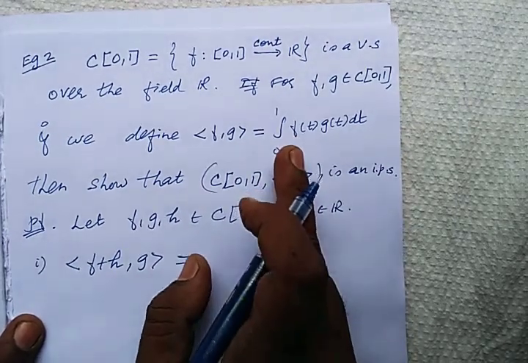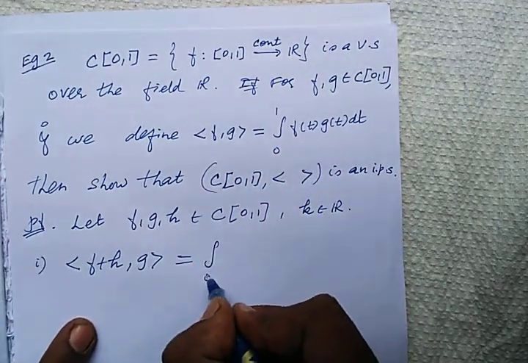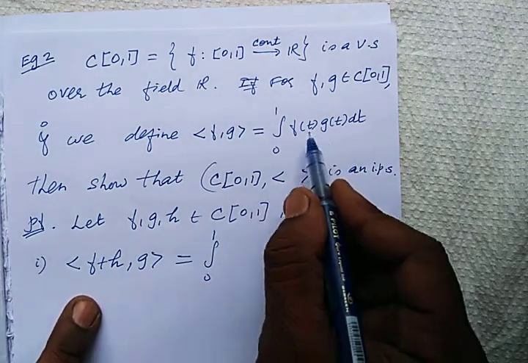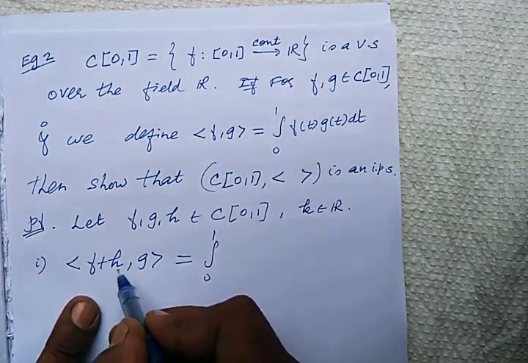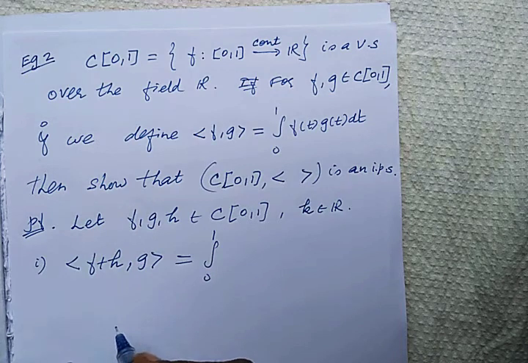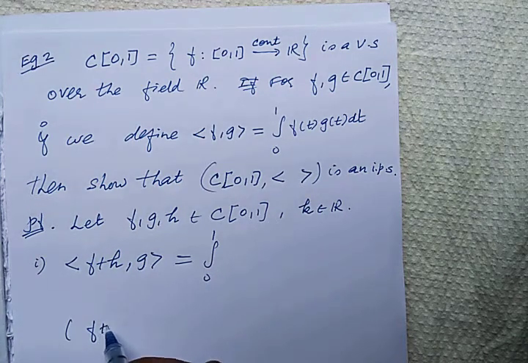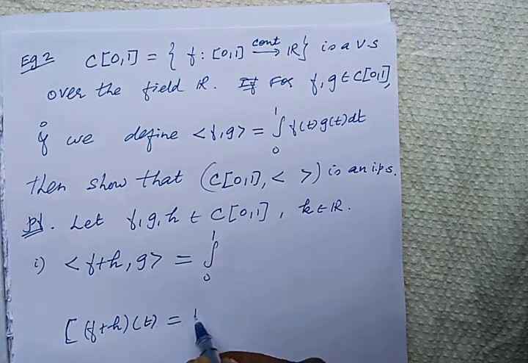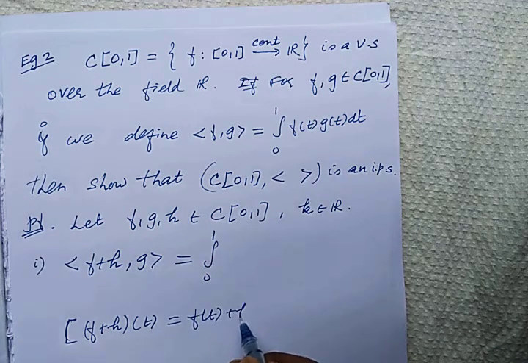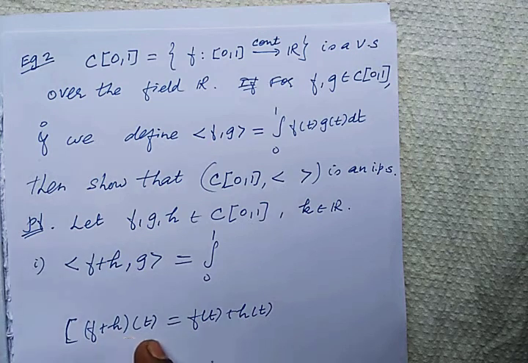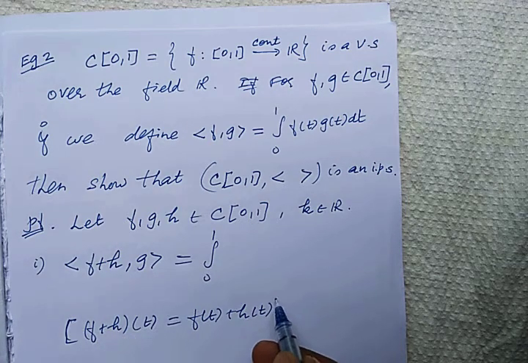By the definition, this is the integral from 0 to 1 of f of t, with f replaced by f plus h. Before that, you must know that f plus h of t is equal to f of t plus h of t. This is the addition of 2 functions.